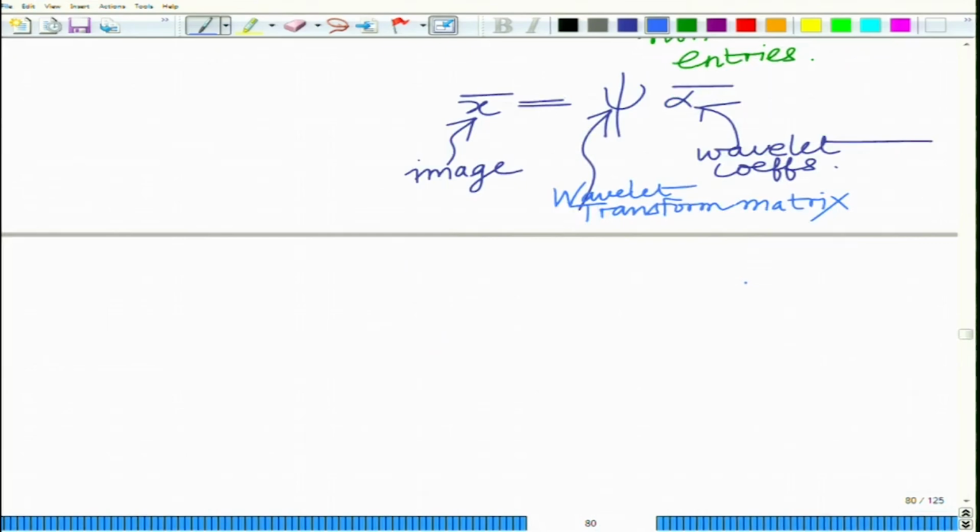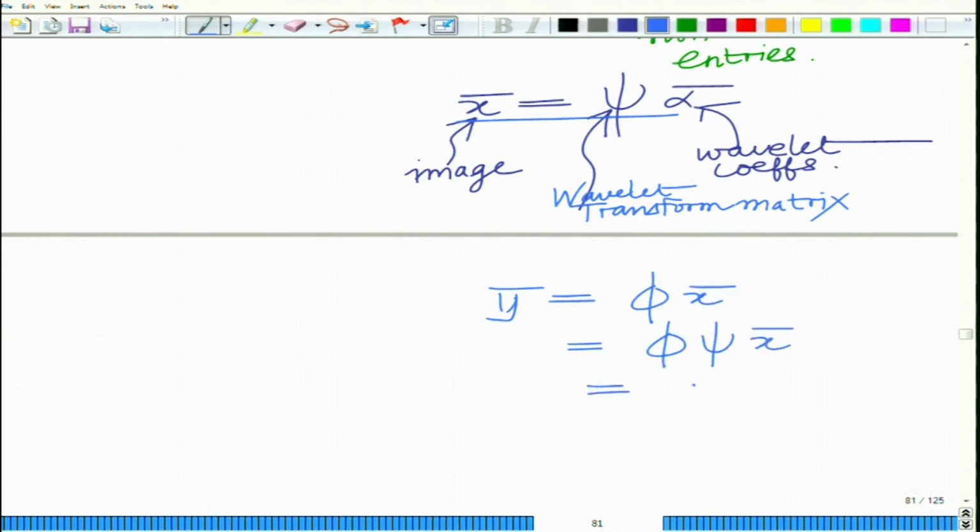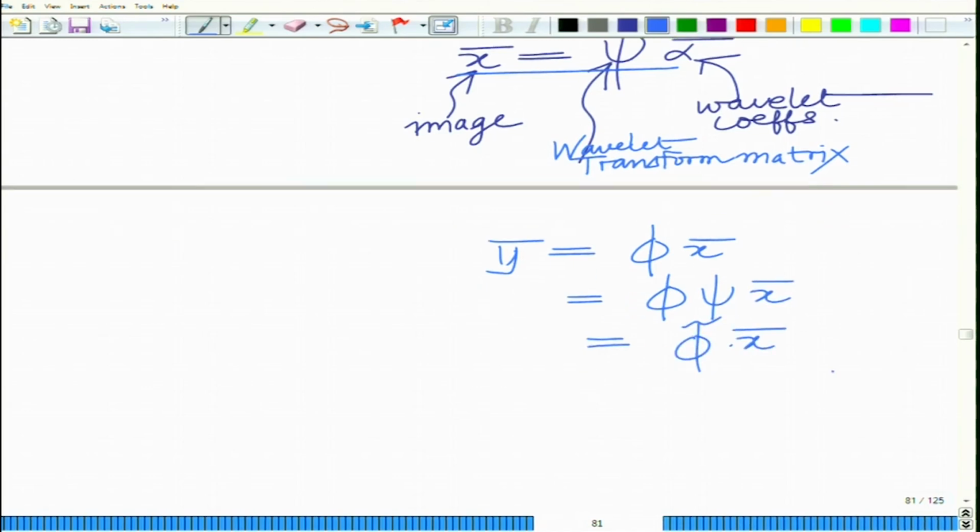And therefore, now if you substitute this, the sensing model becomes y bar equals phi x bar equals phi psi times alpha bar.